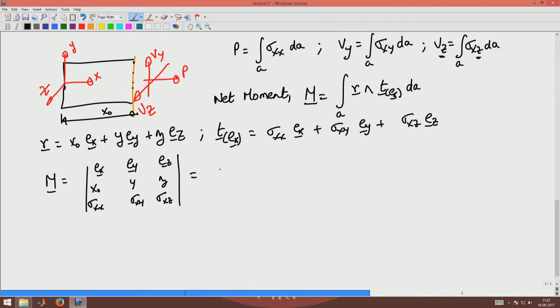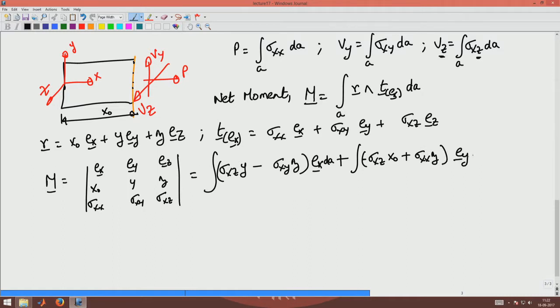So, this will be sigma xz into y minus sigma xy into z, times Ex, integrated over dA, plus sigma xz into x naught minus sigma xx into z, times Ey dA, plus integral sigma xx into y minus sigma xy into x naught, times Ez dA.